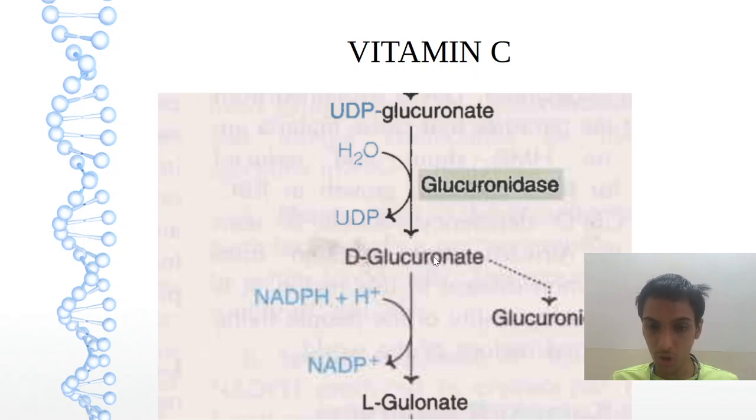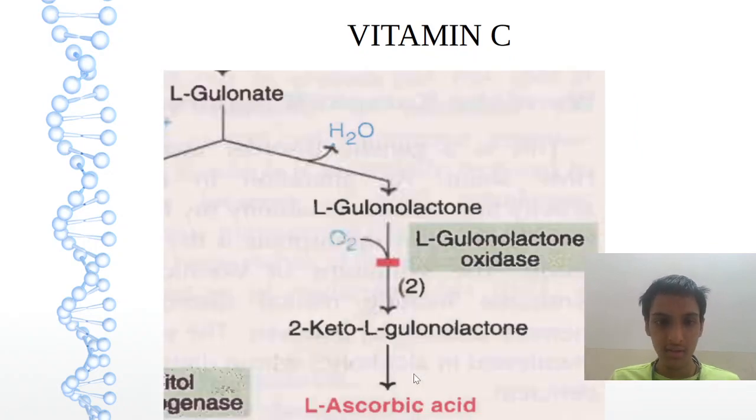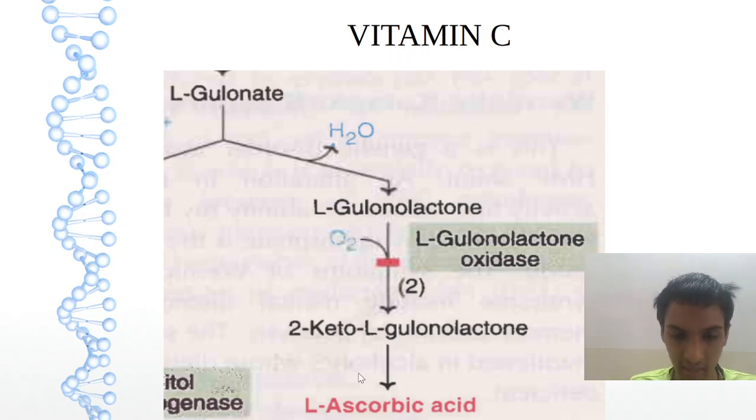We have D-glucuronate. Then again on the same enzyme, L-gulonate. Then on dehydration, L-gulonolactone. On oxidase, keto on the second carbon, so 2-keto is added, the rest will be the same. And in a series of steps, L-ascorbic acid, that is our vitamin C.